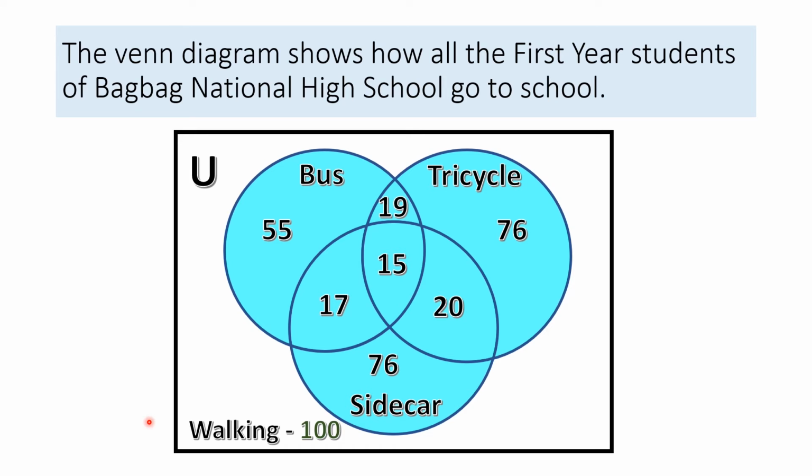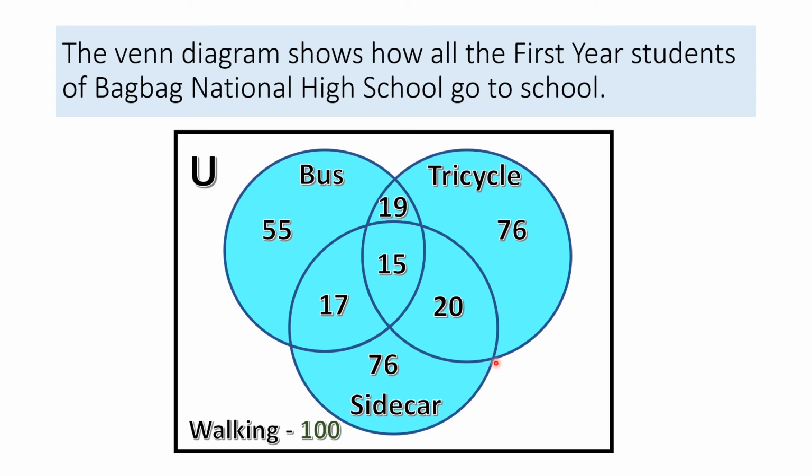So, as you can notice, ito po yung ating universal set. Then, meron tayong 3 given sets dito, which is bus, tricycle, sidecar. Then, meron tayo ditong walking 100 participants or students. So, for bus, we have 55, 70, 19, 15, tricycle 76, 20, sidecar 76.